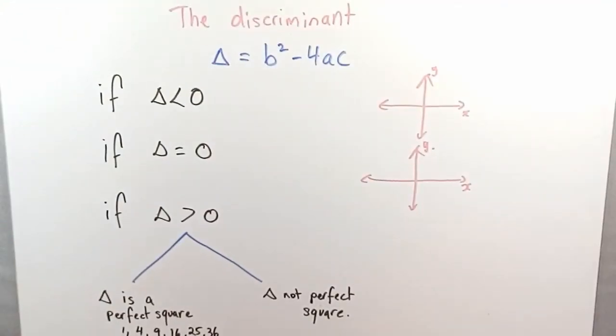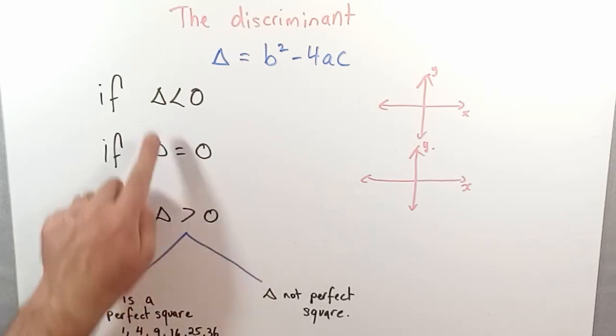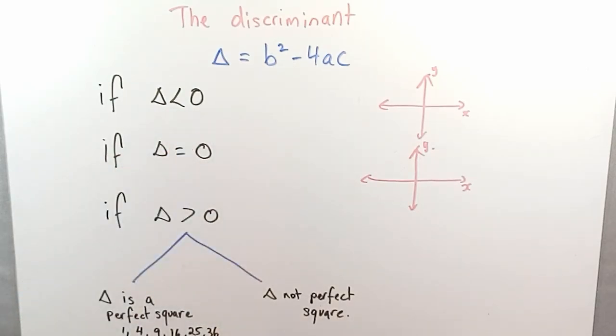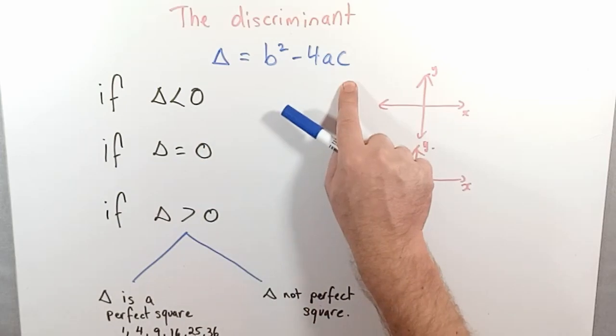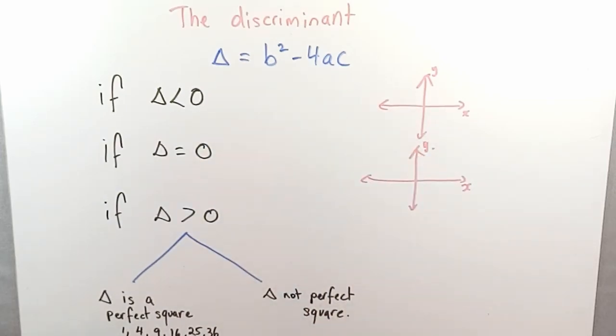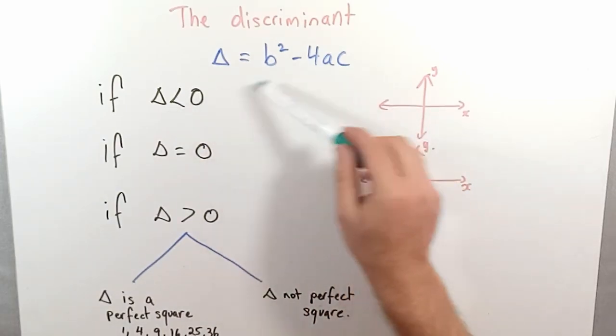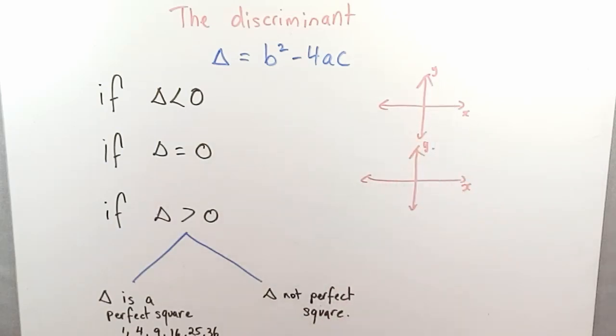Next, the discriminant. We talked about the discriminant. I'm just going to flip my notes over. The discriminant, b squared minus 4ac. This is just a bit of a reminder what it tells us. If the discriminant is less than 0, this is under the square root sign in the quadratic formula. So if it's negative under the square root sign, we're not going to get any real solutions.